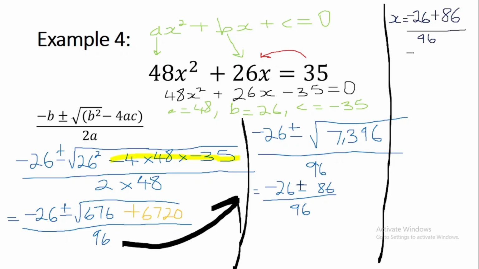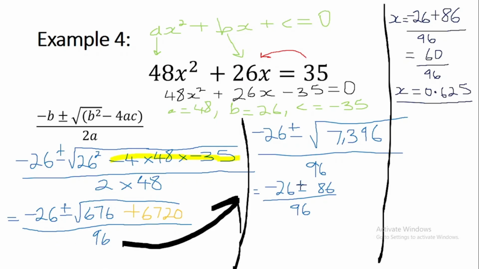So we'll have 60 over 96, and that's going to be equal to, x is equal to 0.625. So x is equal to 0.625, but there's another x that we need to find.